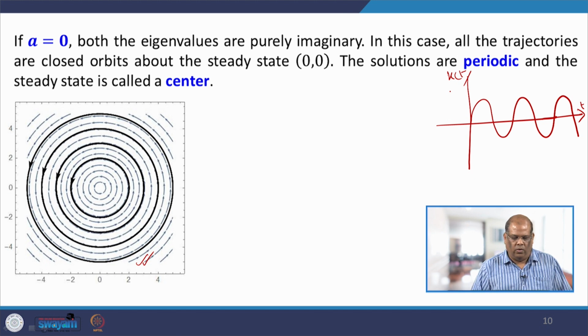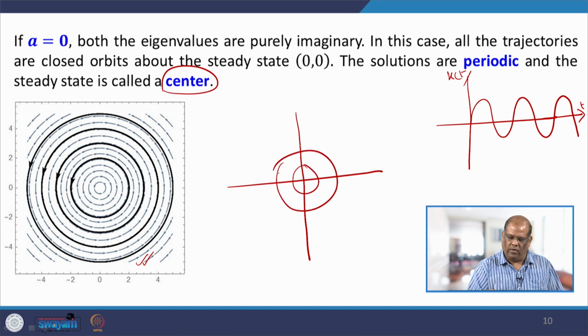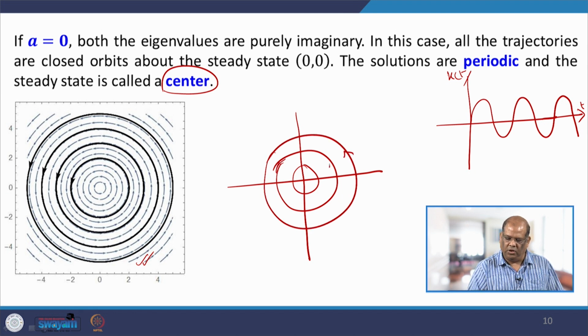If you want to draw this, it is just concentric circles, whose steady state is called a center. You just draw some concentric circles and mark the arrow in one direction. So, this is called a center.